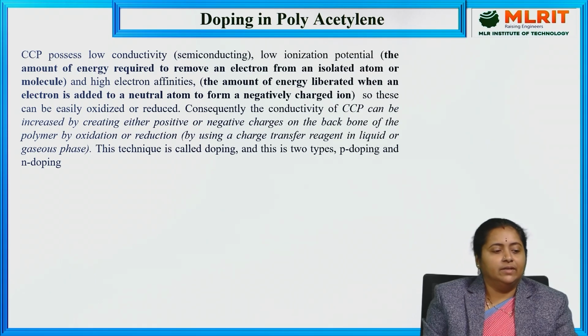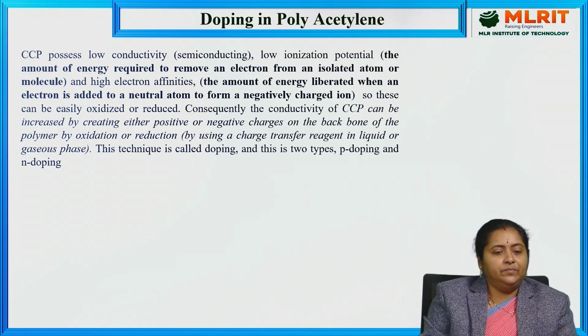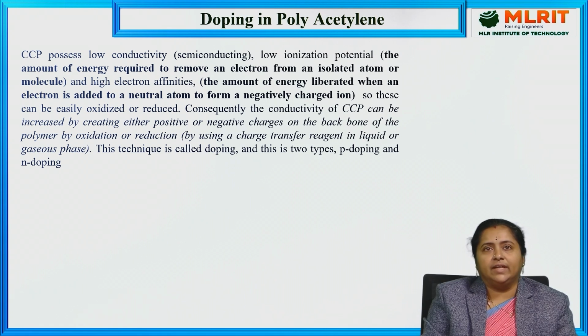CCPs, that means conjugated conducting polymers, have very low conductivity, behaving like semiconductors, because of their low ionization potential and high electron affinities. So they need to be either oxidized or reduced to enhance their conductance.